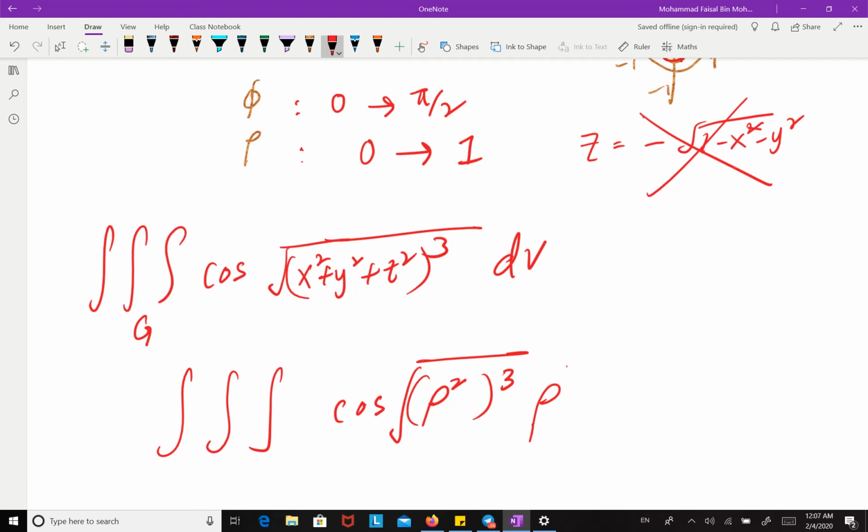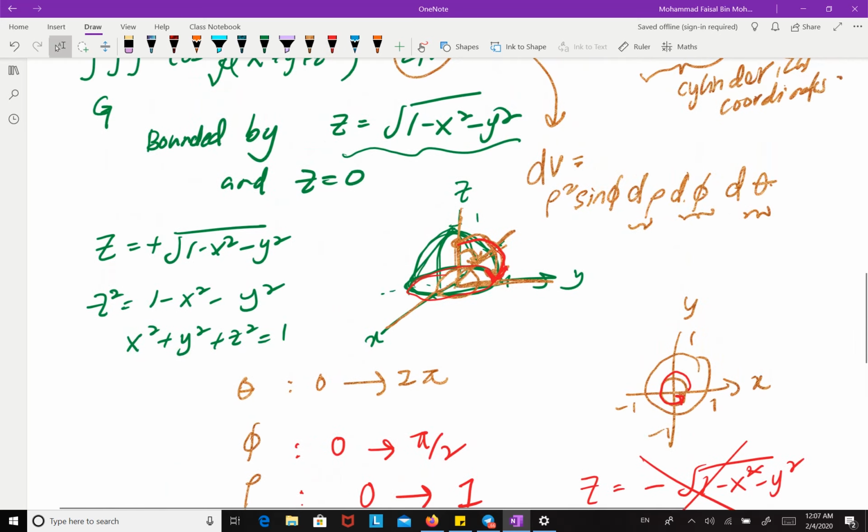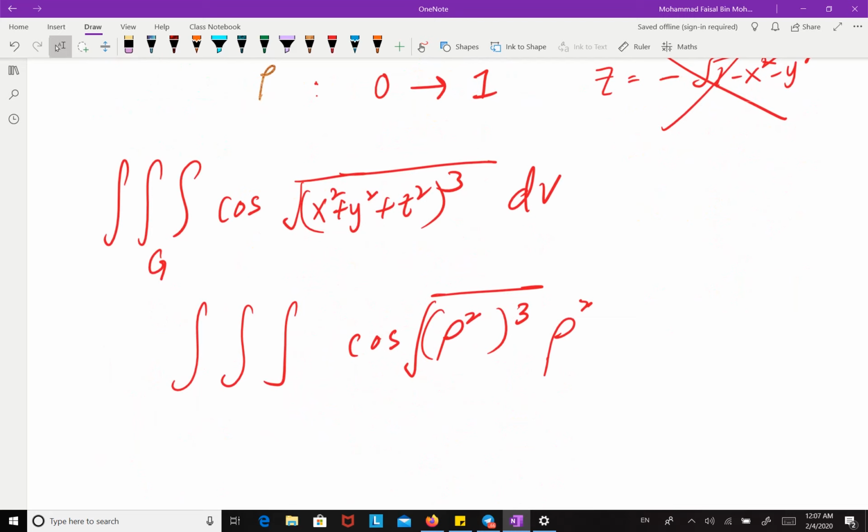And we have to add rho squared as mentioned here, replacing the dV: rho squared sine phi d rho d phi d theta.